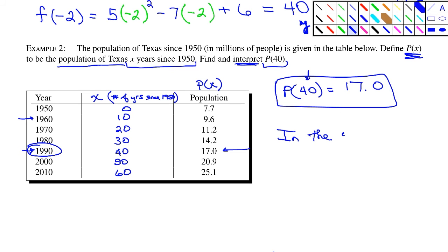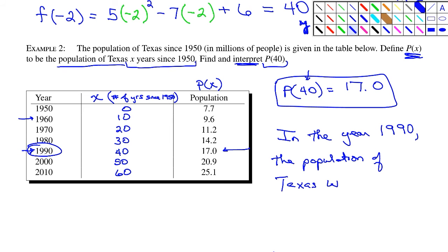In the year 1990, the population of Texas was 17.0, and now you have to be careful.